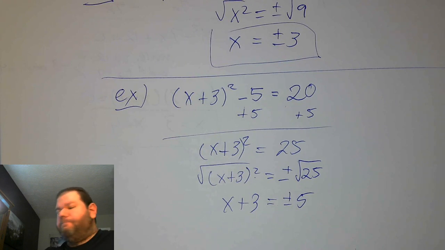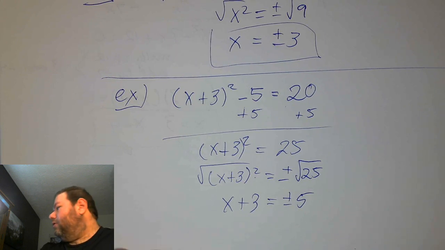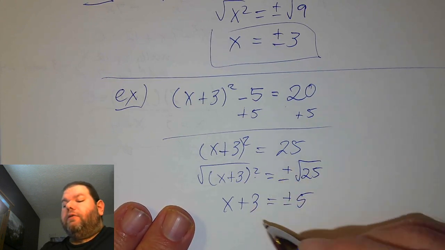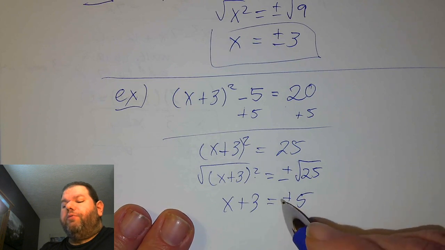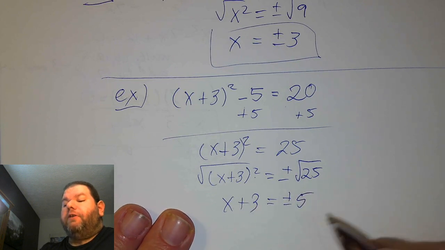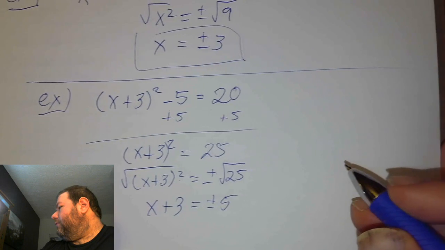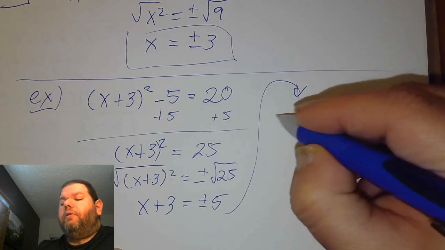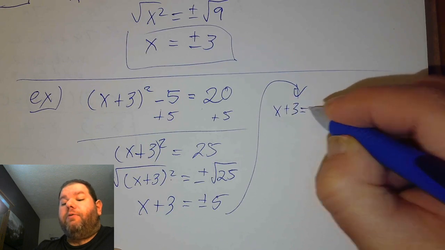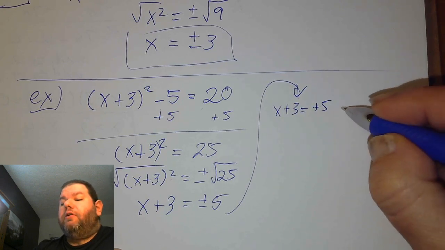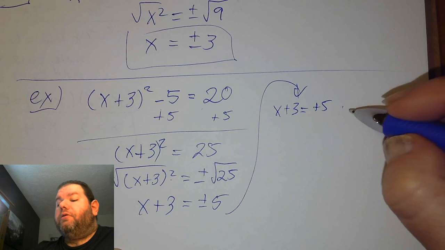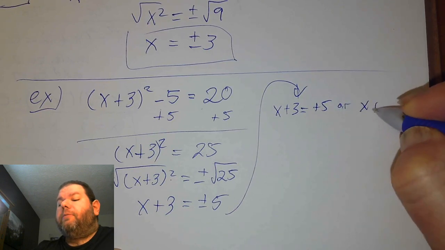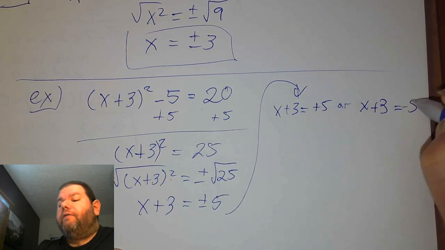Okay? So when we have x plus 3 equals plus or minus 5, that means we could have x plus 3 equals positive 5, or x plus 3 is negative 5.